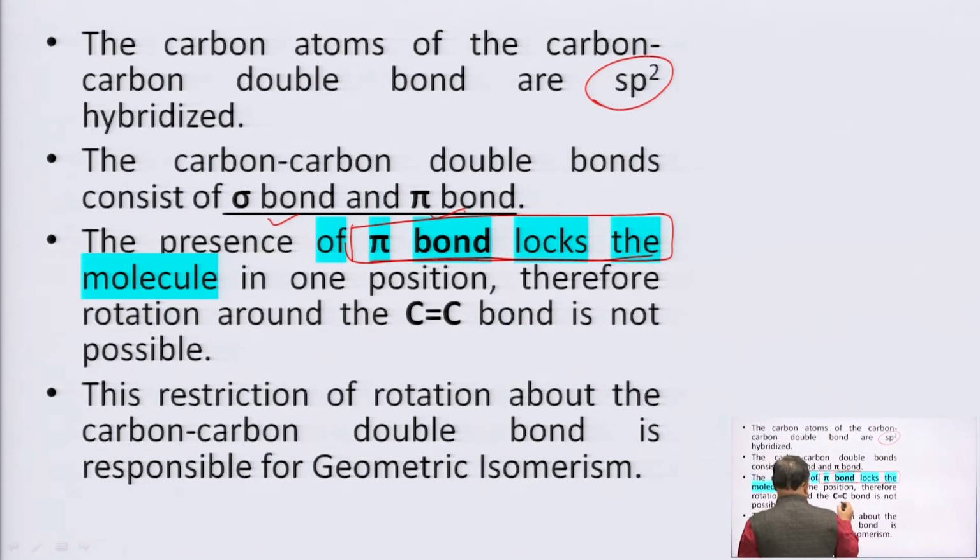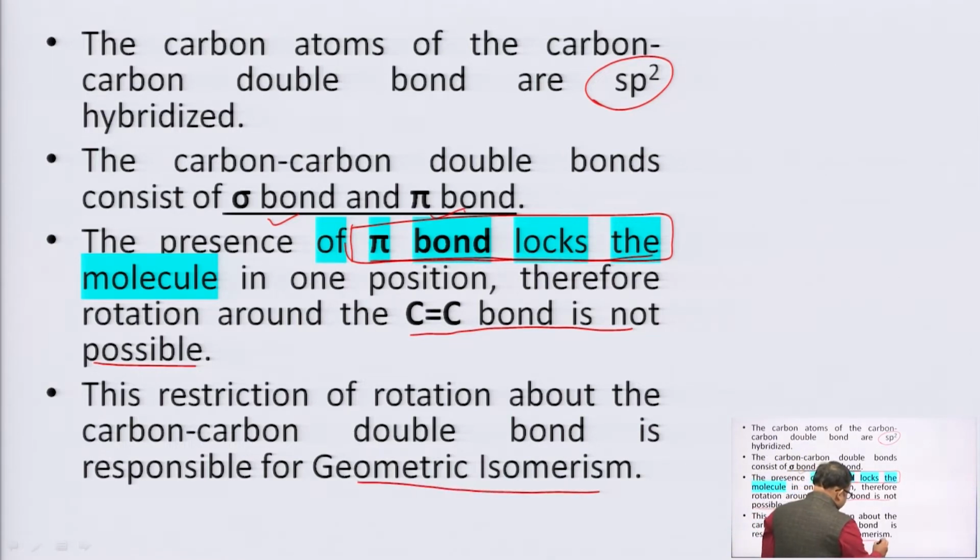Therefore, the free rotation around the C=C bond is not possible. The pi bond is locking the molecule in one position, and this restriction of rotation about the carbon-carbon double bond is responsible for geometric isomerism.